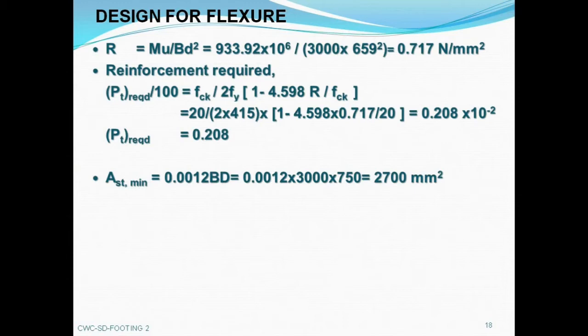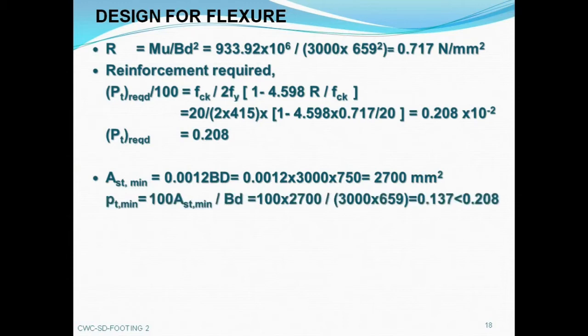From this we can calculate PT minimum, since 100 PT is equal to 100 AST by BD. On calculation, we will get the value of minimum PT as 0.137, which is less than our requirement, that is 0.208.